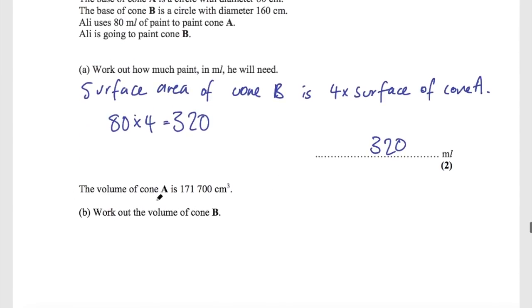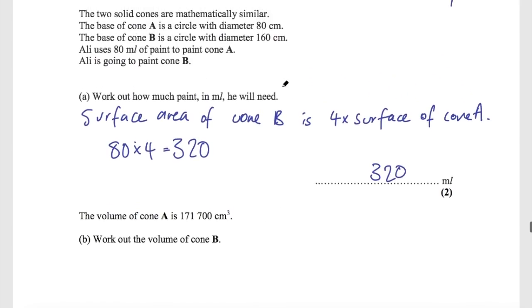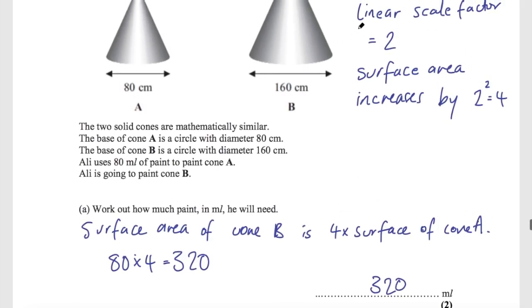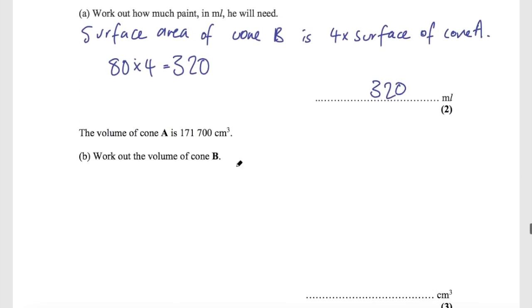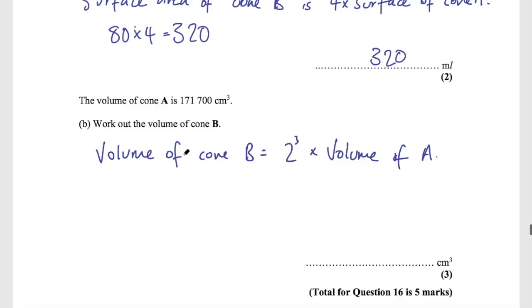Then part B says the volume of cone A is 171,700 centimeters cubed. Work out the volume of cone B. Now there's a rule about the volume of similar solids, and it's you take the linear scale factor and you cube it. So the volume of cone B equals 2 cubed times the volume of cone A. Okay, so 2 cubed is 8, so we need to multiply that number by 8.